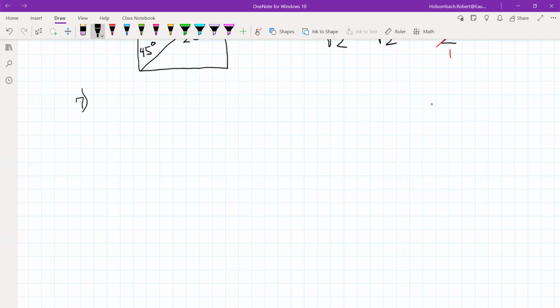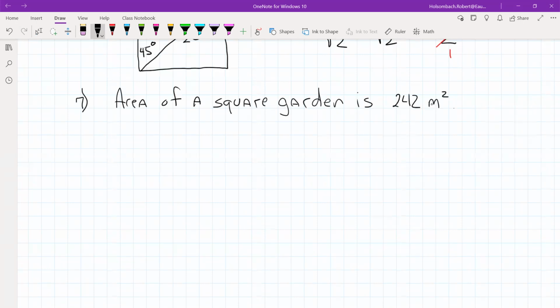Problem number 7 on the study guide says the area of a square garden is 242 meters squared. How long is the diagonal?